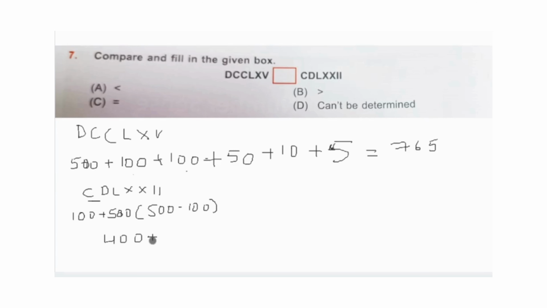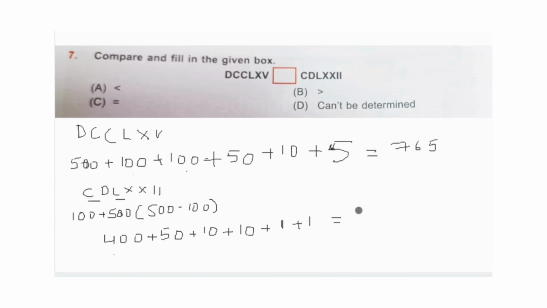Then the value of L, which is going to be 50. Then the value of X, which is 10. And then the value of X again, which is 10. And then plus 1 plus 1. Let's add this up. 400 plus 50 is 450, plus 10 is 460, plus 10 is 470, and then you have 1 and 1.